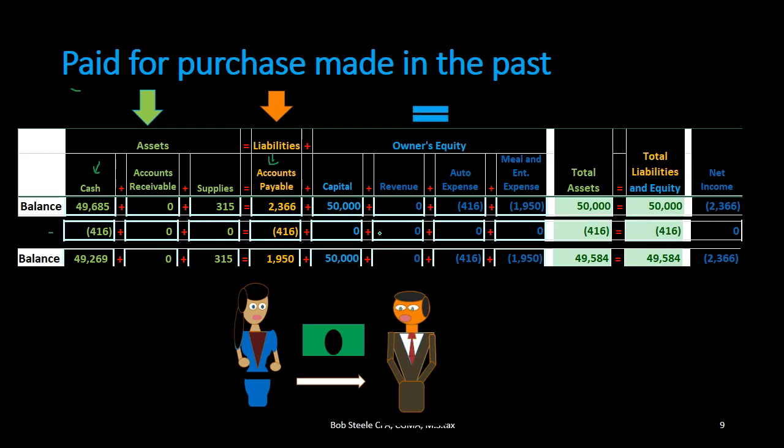Revenue, 0 plus 0 is 0. Auto expense, negative 416 and 0 is 416. Meals and entertainment, 1,950 and 0 brings us to 1,950.